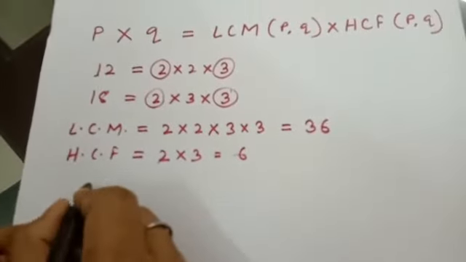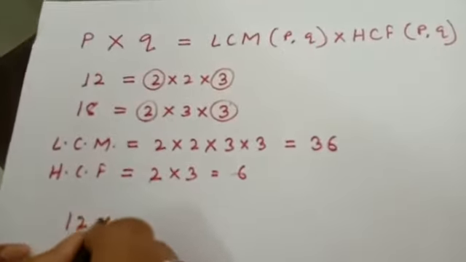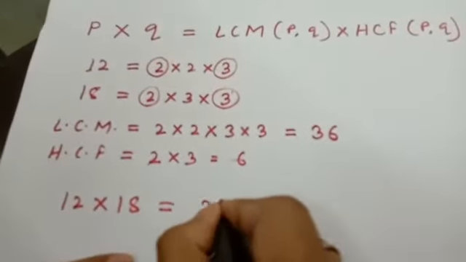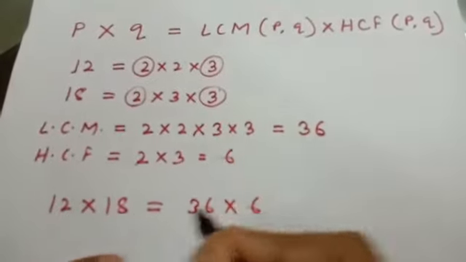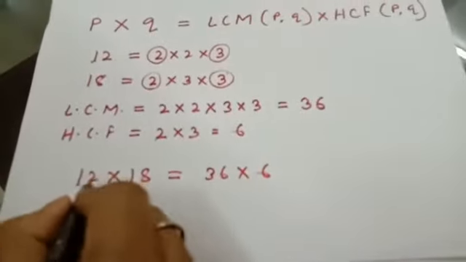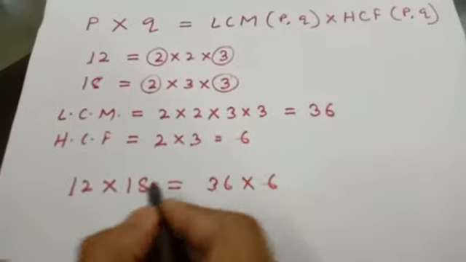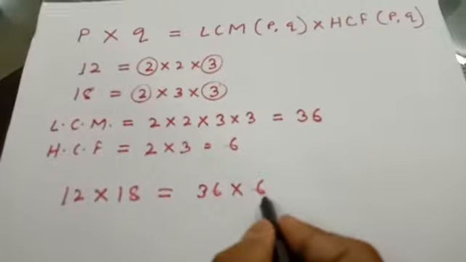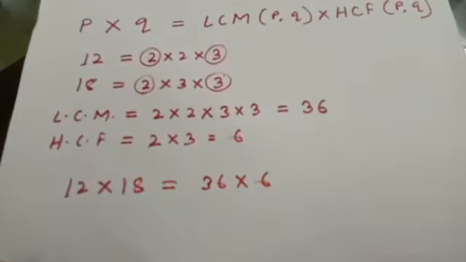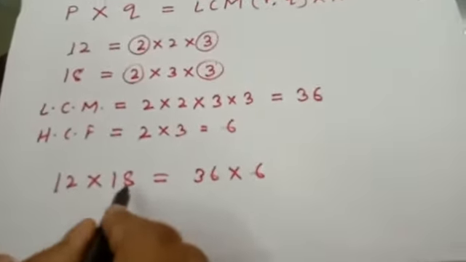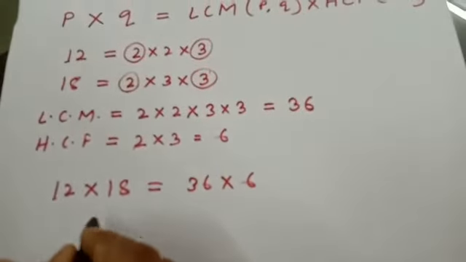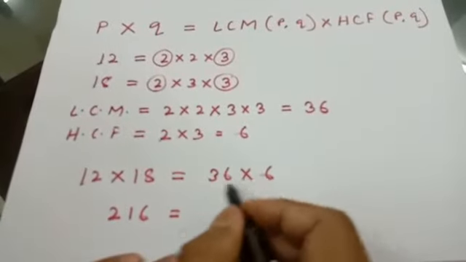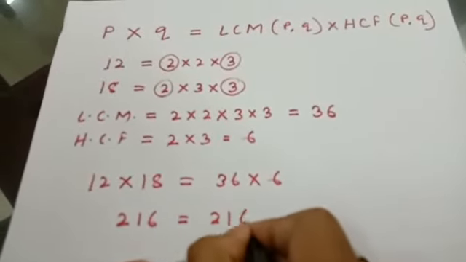So 12 into 18 should be equal to 36 into 6. 12 and 18 are the two numbers, whereas 36 is the LCM and 6 is the HCF of 12 and 18. So what will be 12 into 18? 12 into 18 will be 216 and 36 into 6 is again 216.